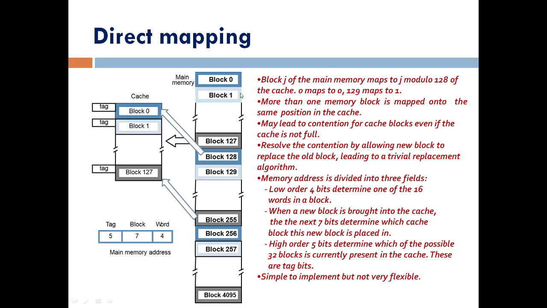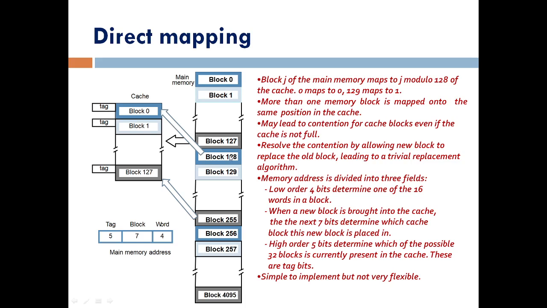In direct mapping, block J of the main memory maps to J modulo 128 of the cache, because the total number of blocks in the cache memory is 128. So 0 maps to 0, and 129 maps to 1. Block 0 to 127 will map to cache block 0 to 127.